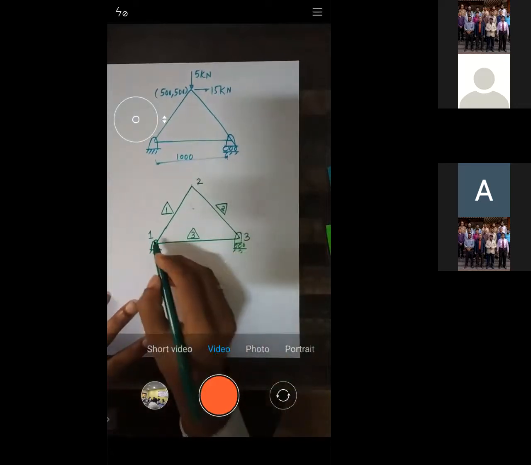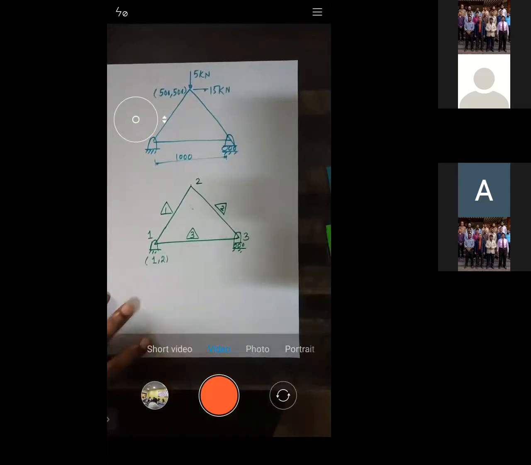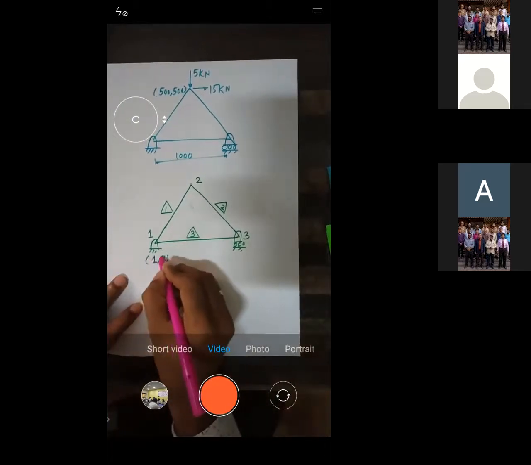So node 1 will have 2 degrees of freedom, and those degrees of freedom are 1, 2.